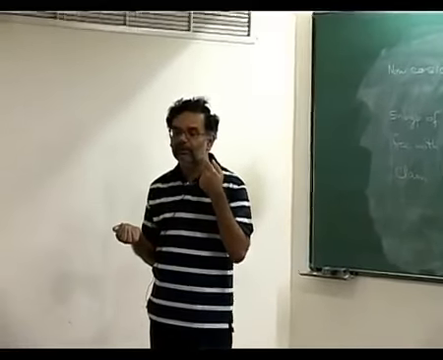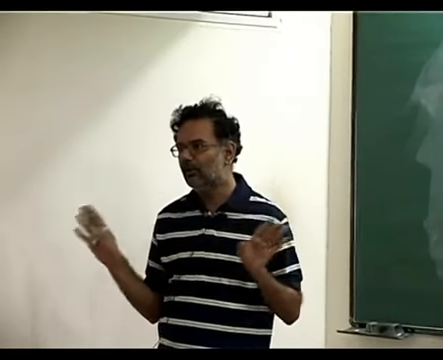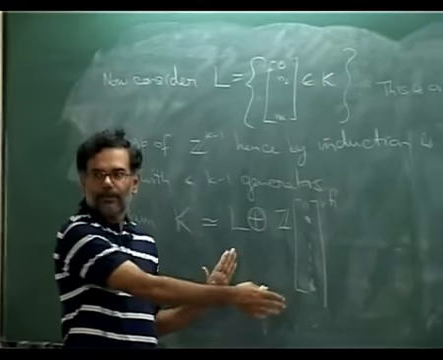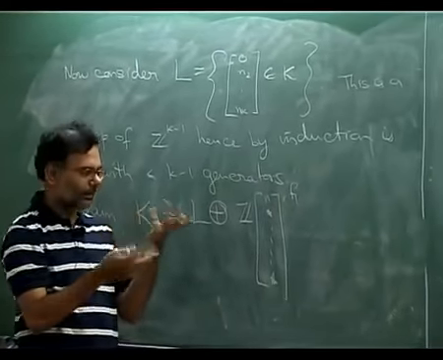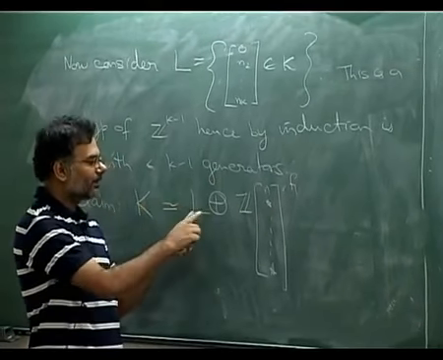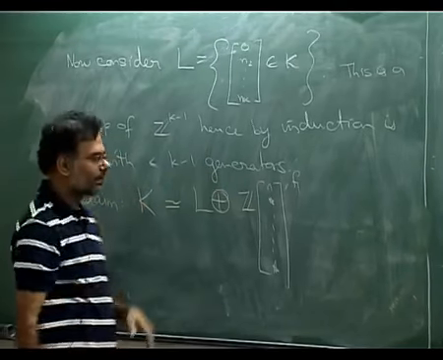If you are dealing with non-abelian groups, you also need H and K to be normal. In this case you do not need that. All you need to see is that the intersection of these two is just the 0 element, and that every element of K can be expressed as an element in L together with an element here. So let us see that.